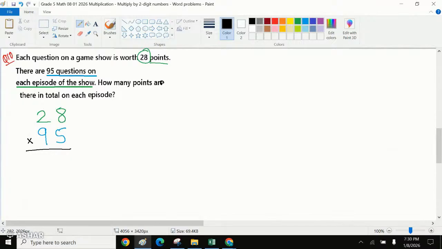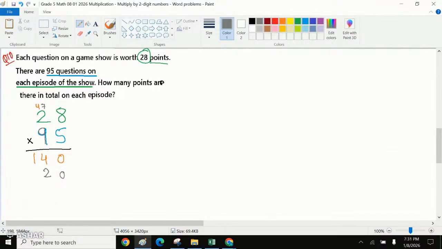28 multiplied by 95 should be 8 times 5 is 40. We carry the 4. 5 times 2 is 10, this becomes 14. We put a 0 because this is tens now. 9 times 8 is 72. We put down the 2.